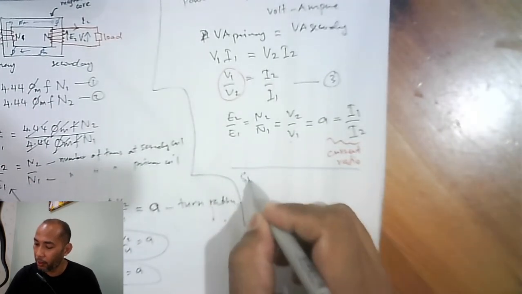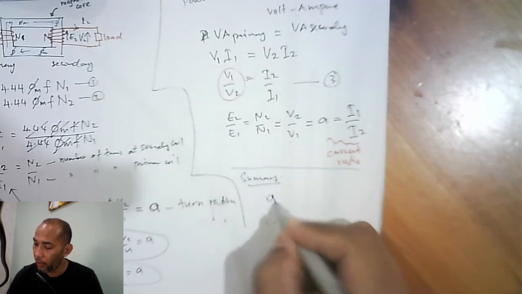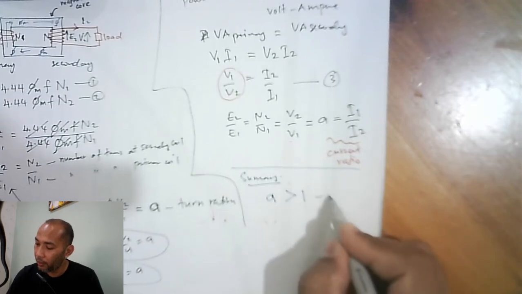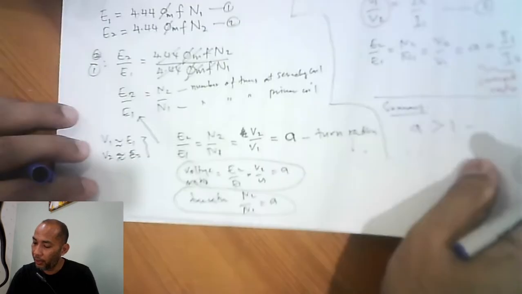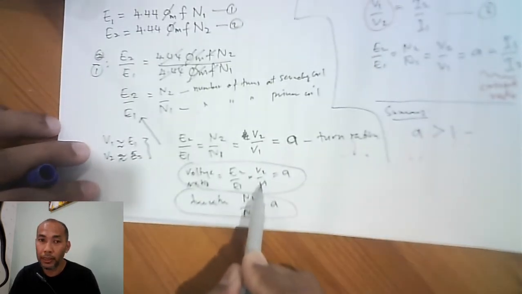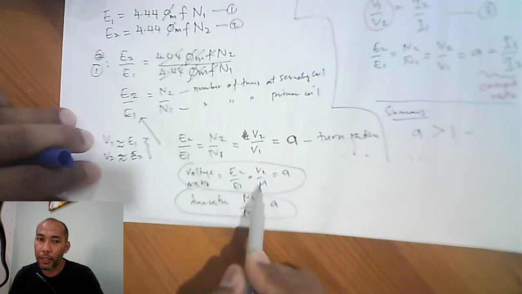Summary. If A is greater than 1, it means that V2 over V1 is greater than 1, which means V2 is higher than V1.